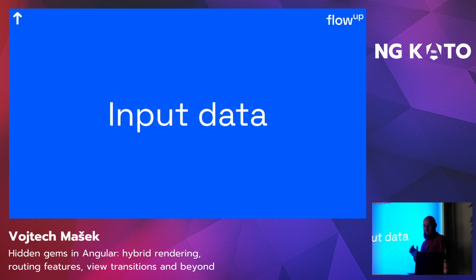Okay, we are still at router, but we are going a little bit off the pre-rendering stuff. It was a huge part of what I really wanted to show, but input data are also quite important. So every application has a bunch of inputs. Let me ask you first, how many of you already use signal inputs?